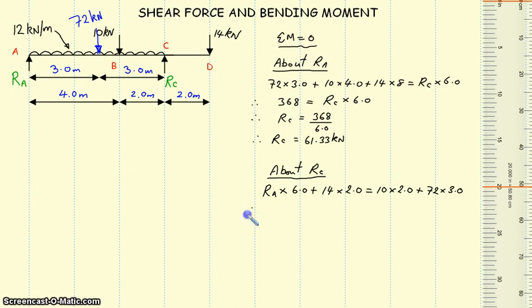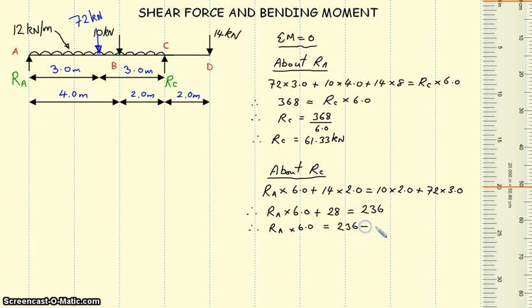And again we have to solve for RA. So the reaction at A times 6 plus 28 will equal 236.